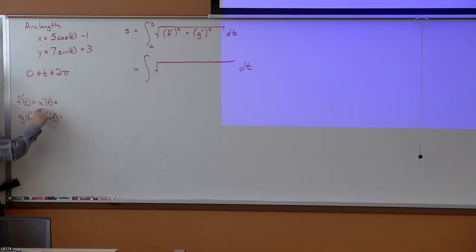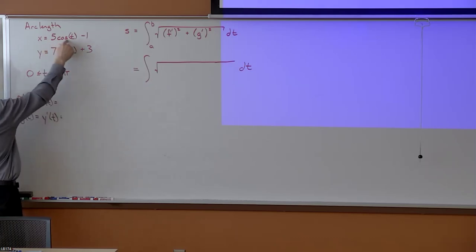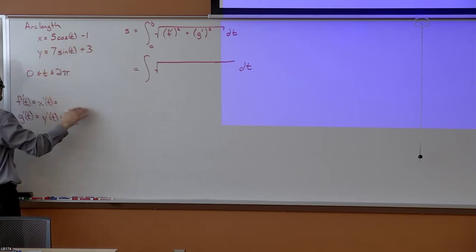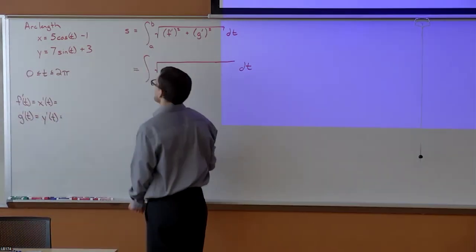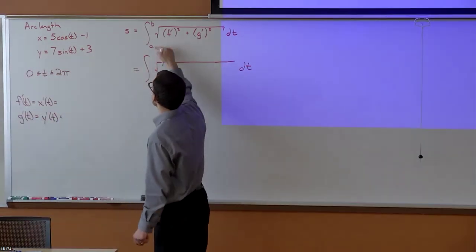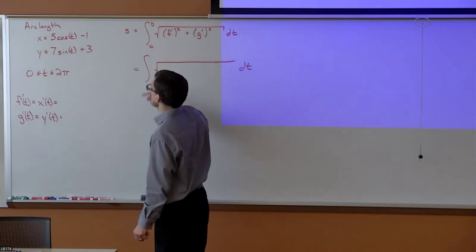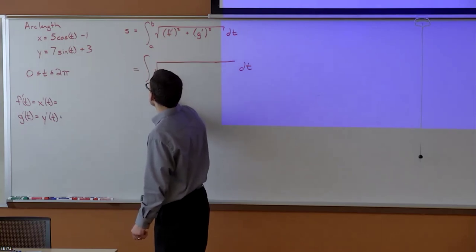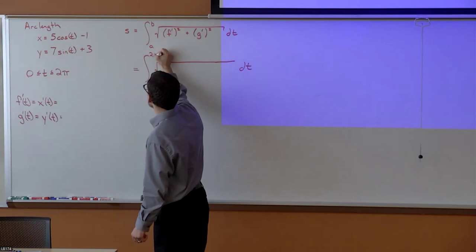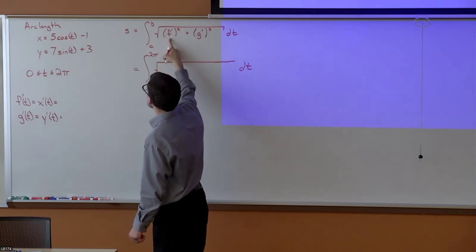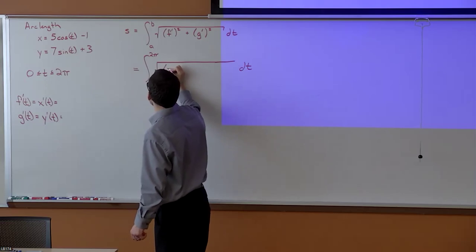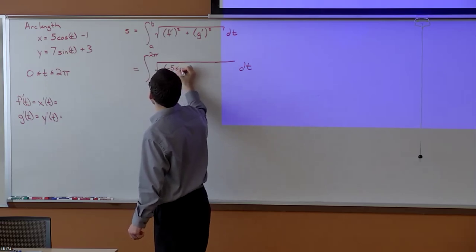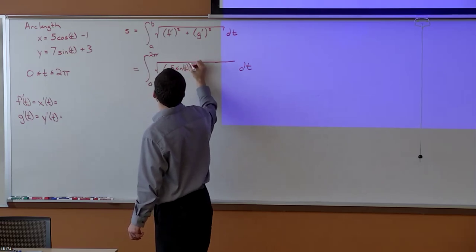Again, some people off to the side say, what's the derivative of this? And they'll write it down. What I'm going to do is I'm just going to go into my formula and say, since we want to find the arc length of an ellipse, we're going to integrate from 0 to 2 pi. F prime is -5 times the sine of t.